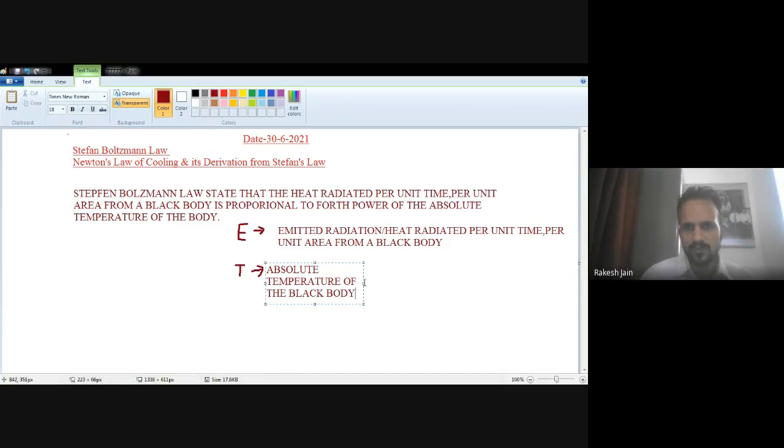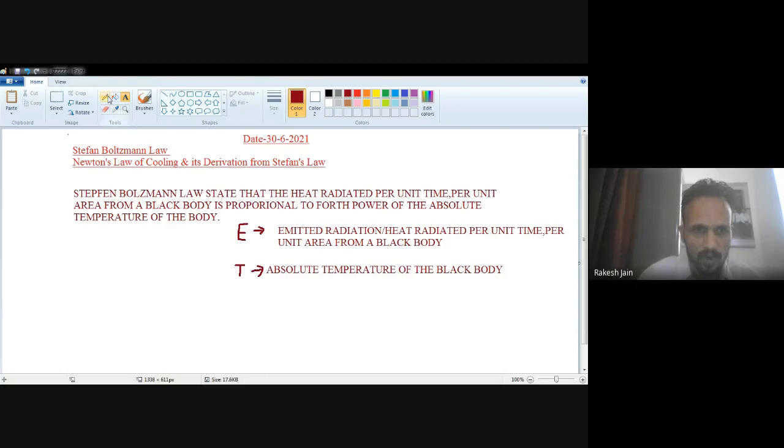According to the Stefan-Boltzmann law, E is proportional to the fourth power of temperature. This is the indication of the Stefan-Boltzmann law. Whenever we remove the proportionality sign, there should be a constant, and here the constant is the Stefan-Boltzmann constant.